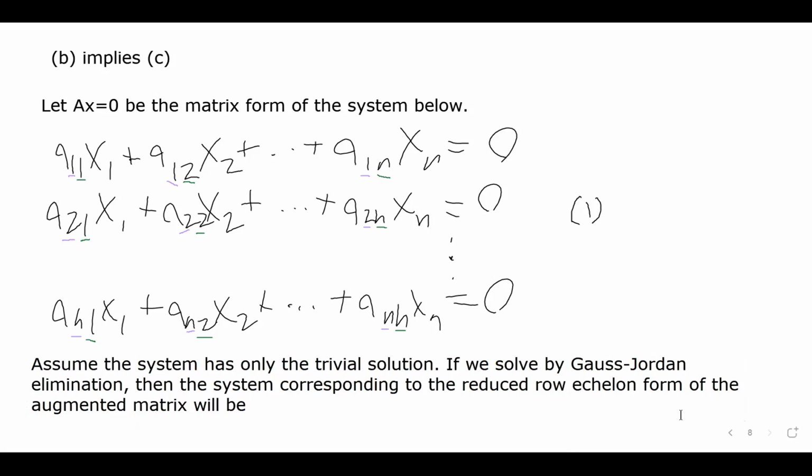Okay, so what happens is, if by Gauss-Jordan elimination you simplify the system, you're going to get x1 is equal to 0, x2 is equal to 0, and so forth, xn is equal to 0.